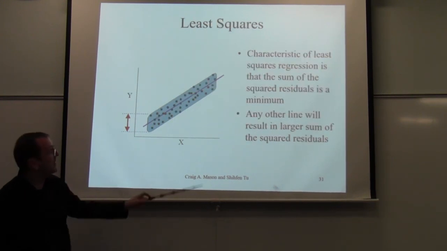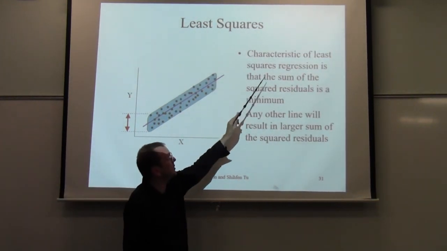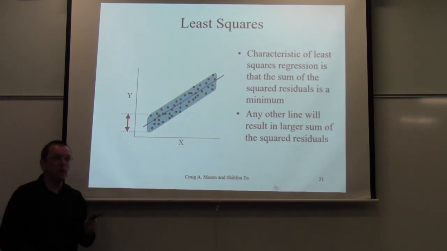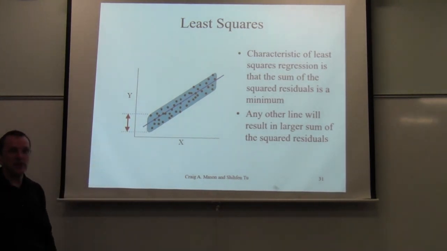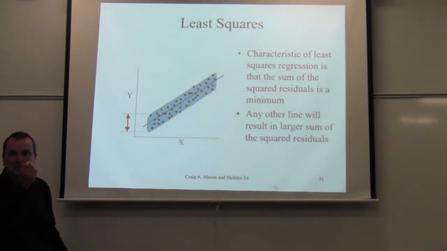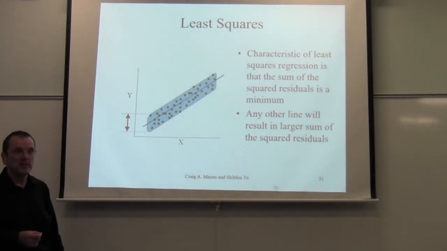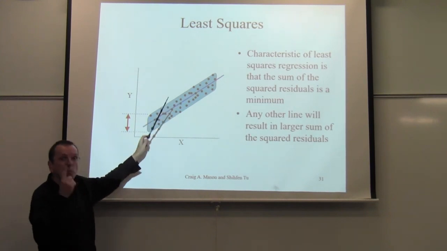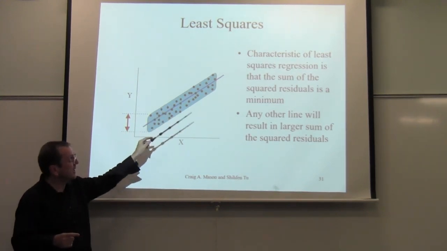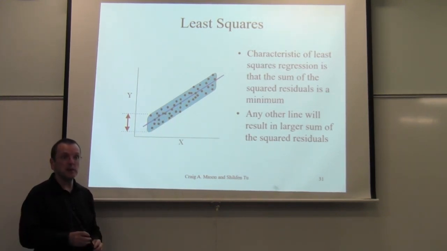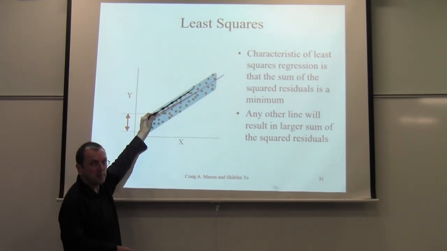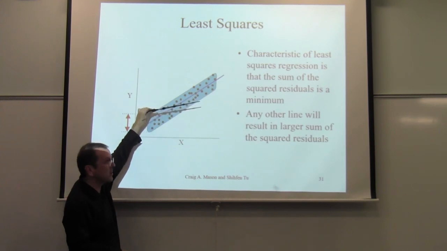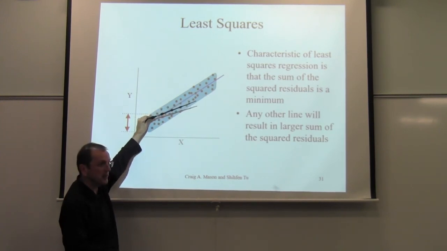But the fact that the sum of the squared residuals is a minimum is what shapes the regression line. It's the one line that goes through the data where the sum of the squared residuals is a minimum. If you made the line a little higher, the residuals are going to be bigger. If you make the line a little more flat, the residuals will be a little bigger.